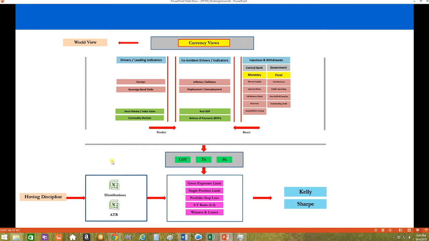And we went through earlier in the advanced computational methods with Chris Quill, a distributions and ATR analysis of the Aussie dollar and the euro dollar. And from this advanced computational method of distributions and of ATR, what we discovered was that we have an input of volatility analysis that we can use in assessing within our systematic process.